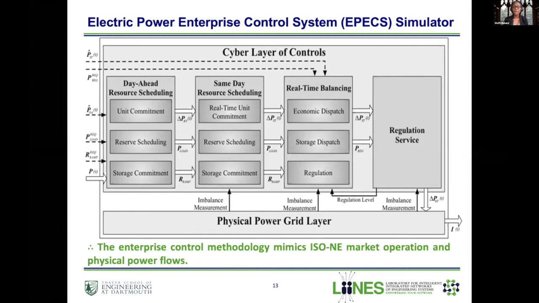And then finally, we have the economic dispatch, which is a 15-minute optimization that runs every 15 minutes. It does not bring online any generators, but instead it changes the set points of online generators to help balance the net load. And regulation services on top of all three take care of any remaining imbalances in the system.